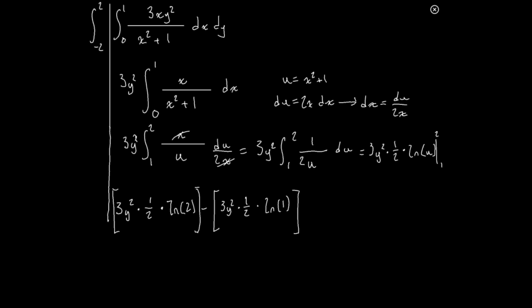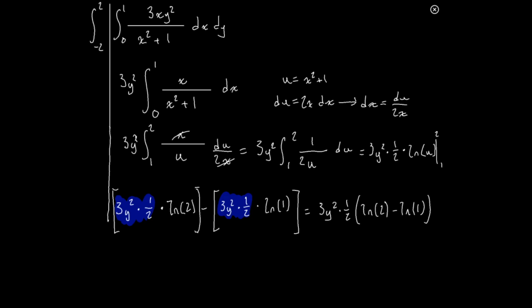But wait, we can just factor here, right? We can pull out this whole part, right? We can pull out this whole part to the outside. And that's what ends up giving us 3y squared times 1/2 times ln2 minus ln1.